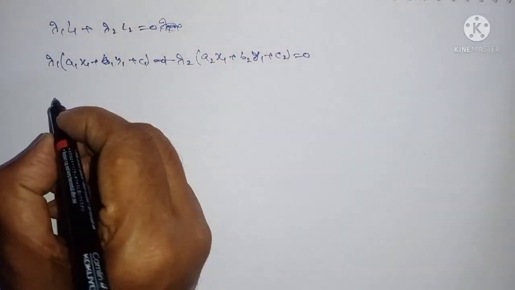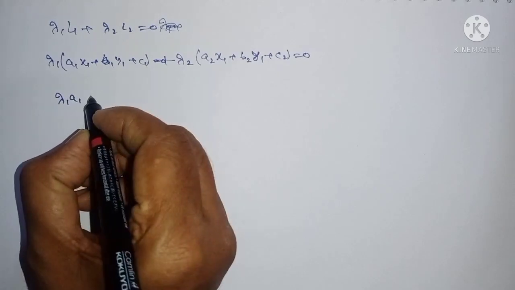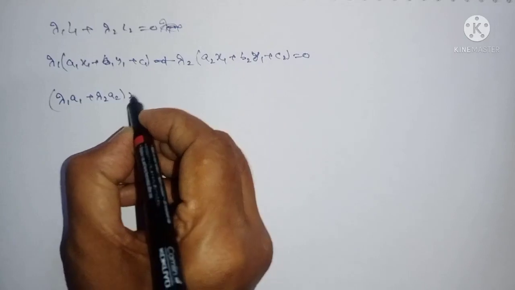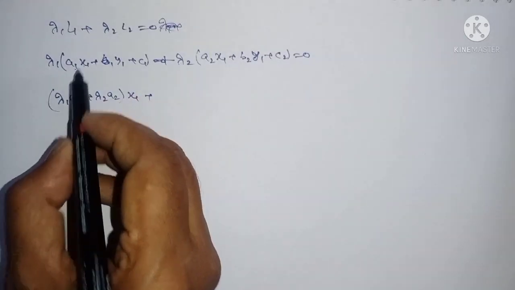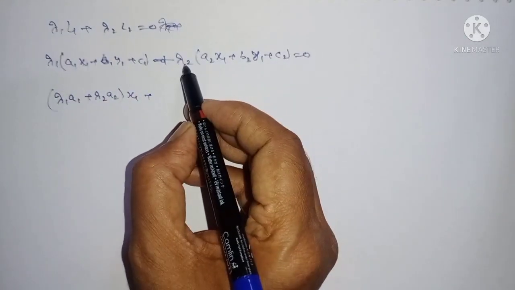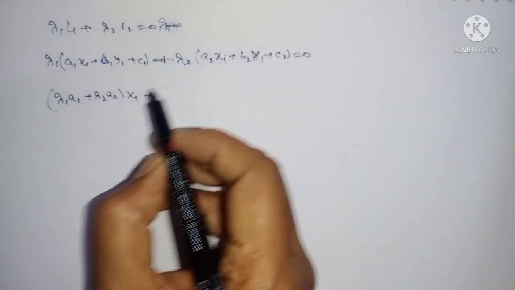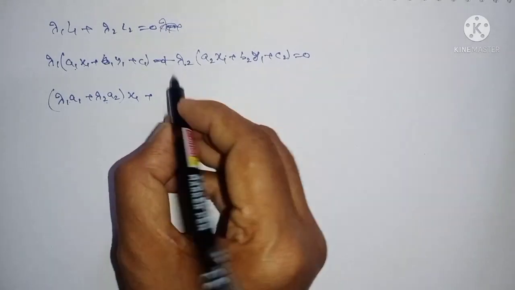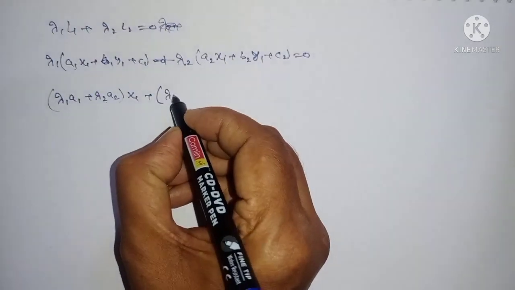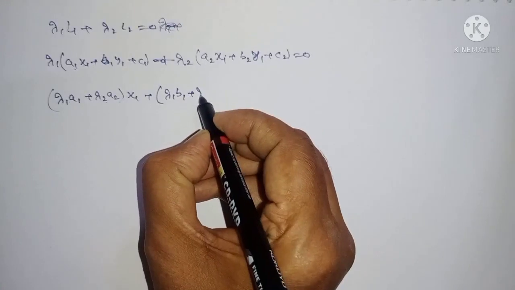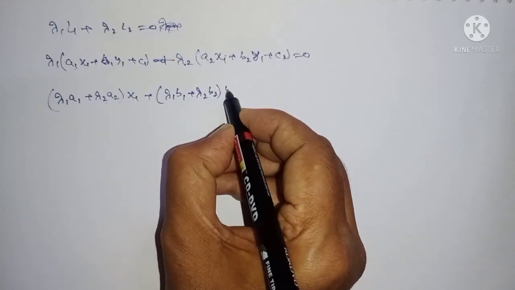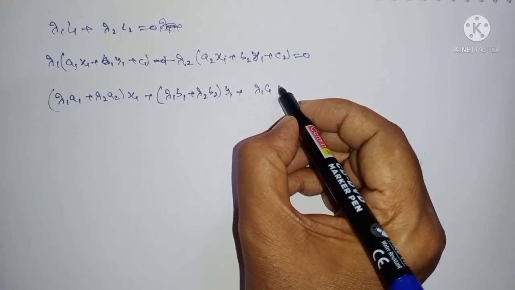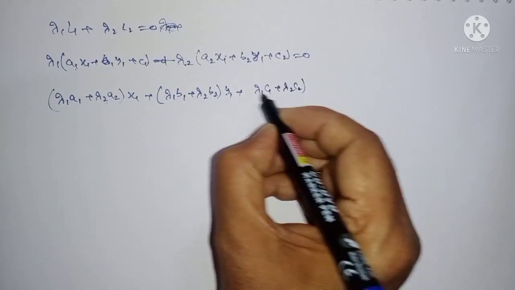This can be written as (λ1a1 + λ2a2)x1, taking x1 common. Similarly, (λ1b1 + λ2b2)y1 and (λ1c1 + λ2c2) = 0.